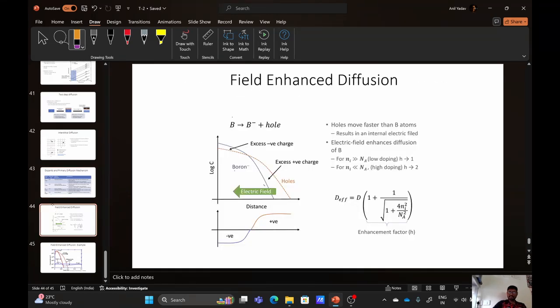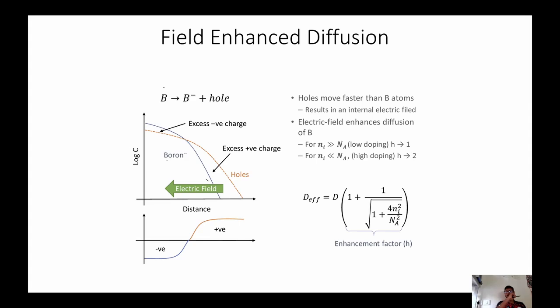So now let us see another point on field enhanced diffusion. When we dope with boron, let us see the boron with silicon. This is the concentration profile with the distance.